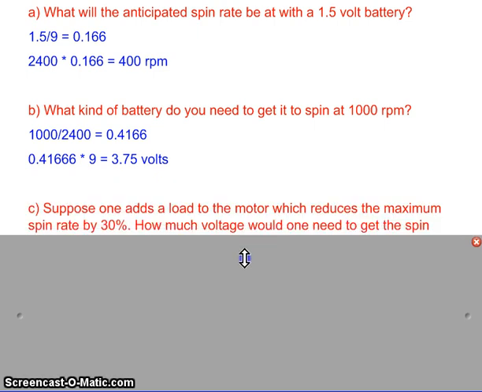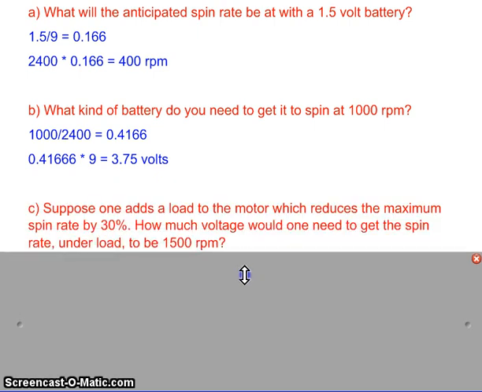We're going to now subject the motor to a load, and that load reduces the maximum spin rate by 30%. So first we'll have to correct for what the maximum spin rate would be at 9 volts, and then figure out the voltage necessary to get the loaded motor to spin at 1500 RPM.